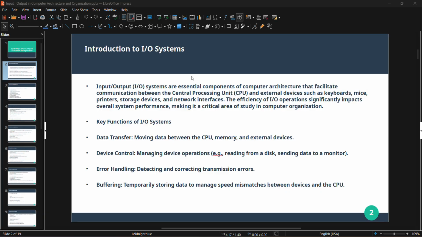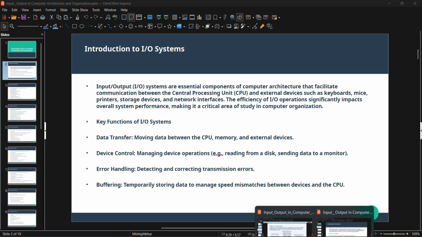Also, we have error handling, which refers to detecting and correcting transmission errors. And buffering simply means temporarily storing data to manage the speed mismatch between the device and the CPU.